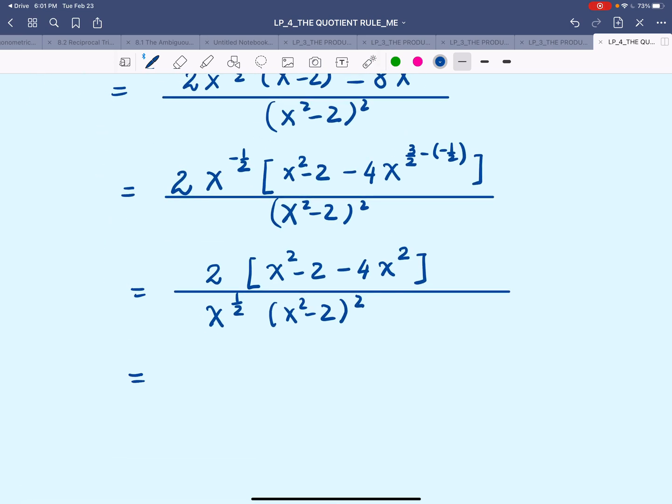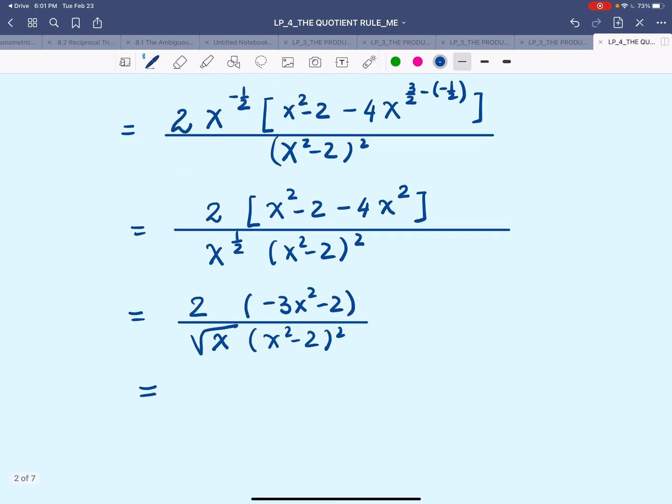So equals 2. If you want, you can write the x to the power of 1 over 2 with square roots. It looks fancy. And that would be x squared minus 4, x squared minus 3, x squared minus 2. Now, it would be nice not to have the minus appear in so many spots.